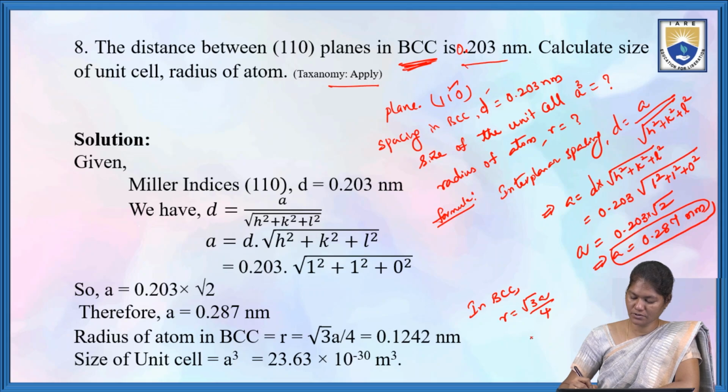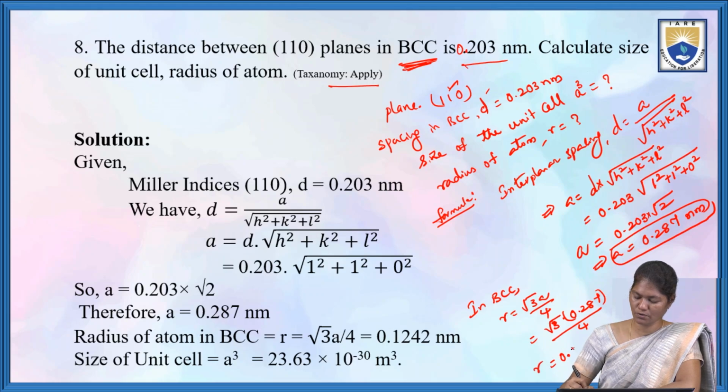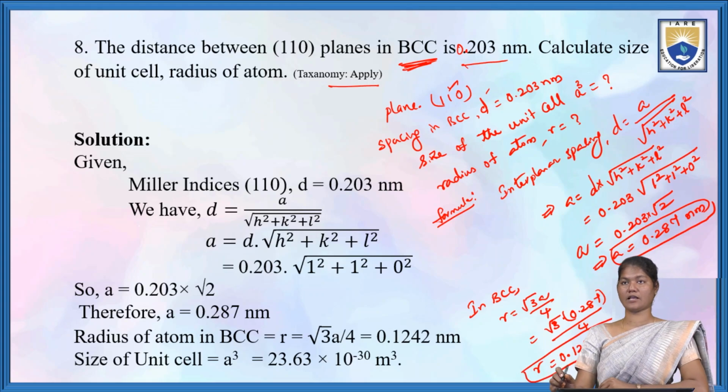So let's substitute root 3 into 0.287 divided by 4. So r is equal to 0.1242 nanometer. This is the atomic radius.